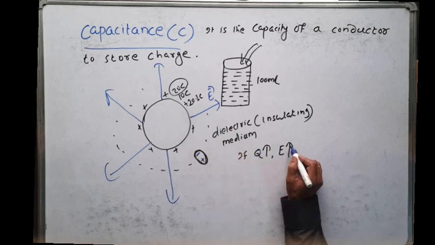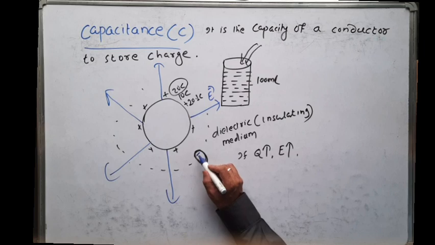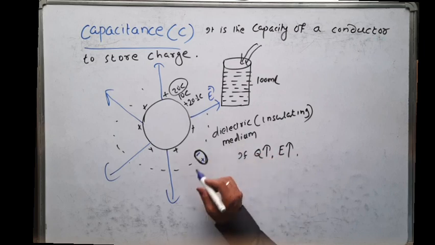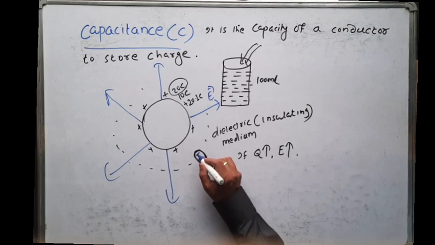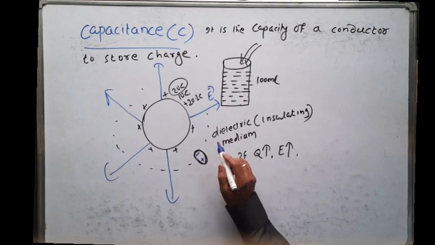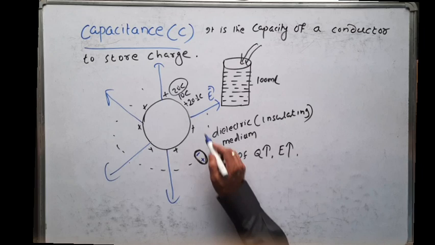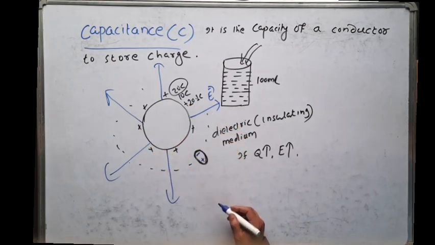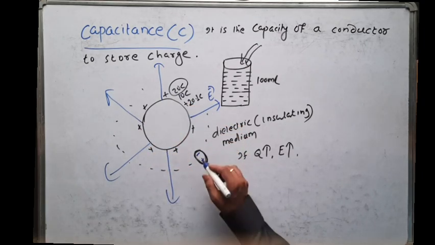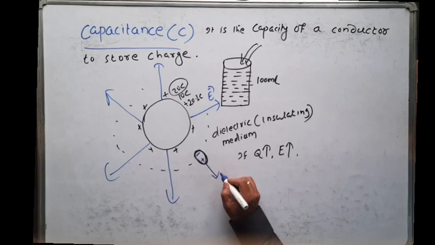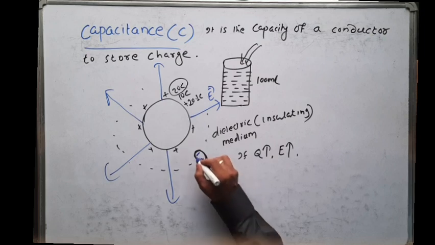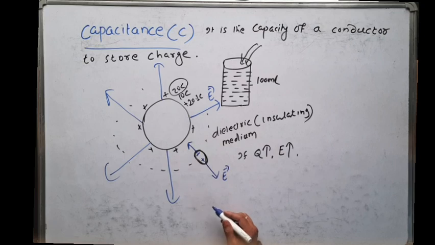If the electric field increases, then the charges on the dipoles of the dielectric medium will experience a force. When any charged particle is brought inside an electric field, it will experience a force. And what is the direction of the force? If the charge is positive, it will move along the direction of the electric field, and the negative charge will move opposite to the direction of the electric field.